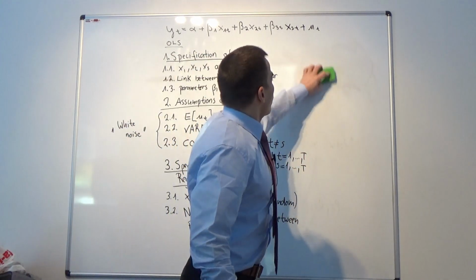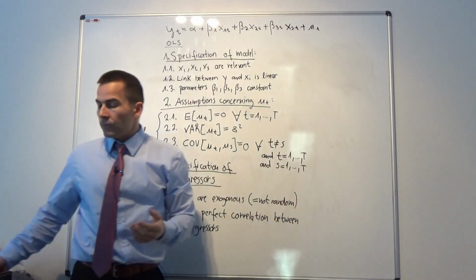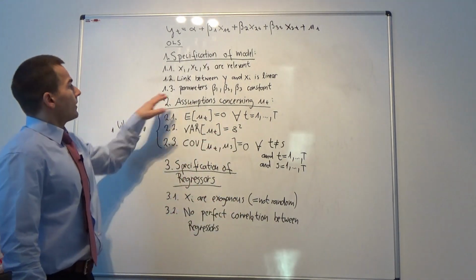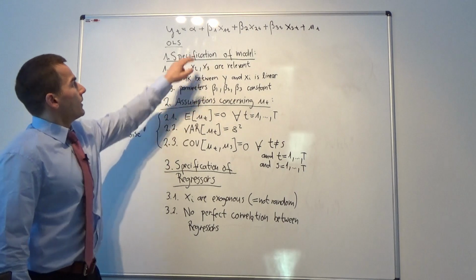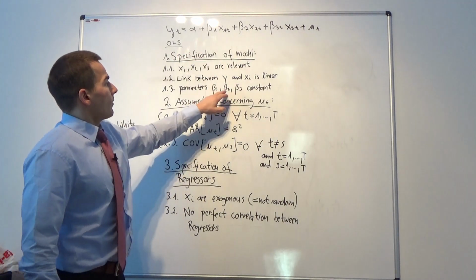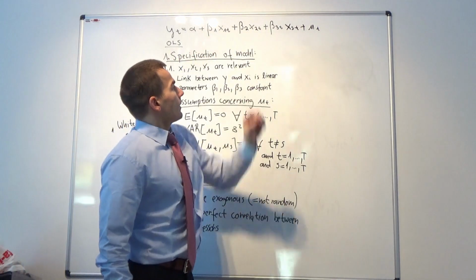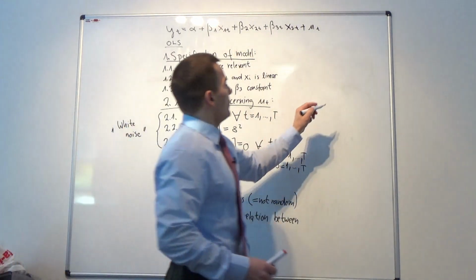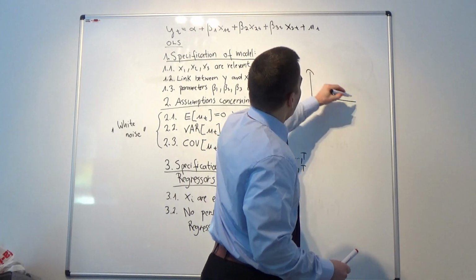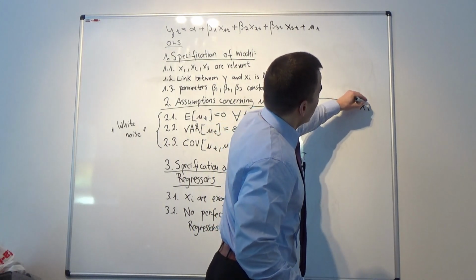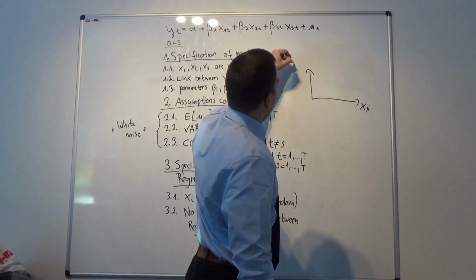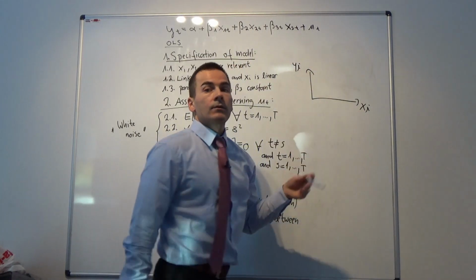The third important assumption, in order to derive our statistical tests, is that the parameters beta 1, beta 2, and beta 3 are constant. Let's say, again, we plot our xi. It could be x1, x2, or x3; just choose one of these, it's just for illustration.